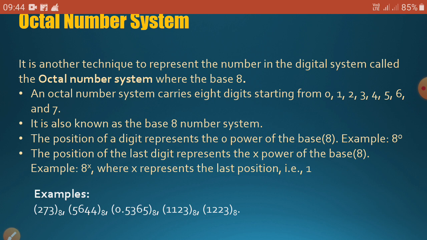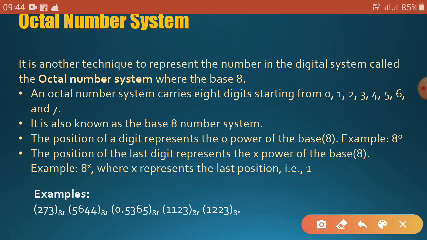Each digit in an octal number represents a specific power of its base 8. As there are only 8 digits, 3 bits of the binary number system can convert any octal number into a binary number. This number system is also used to shorten long binary numbers. Three binary digits can be represented with a single octal digit.